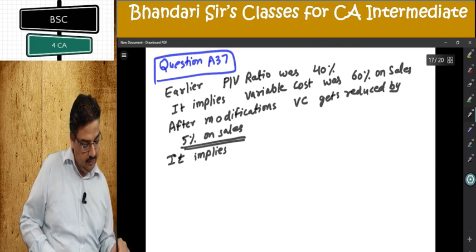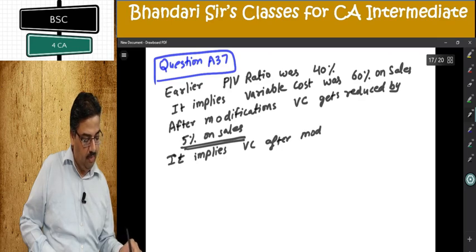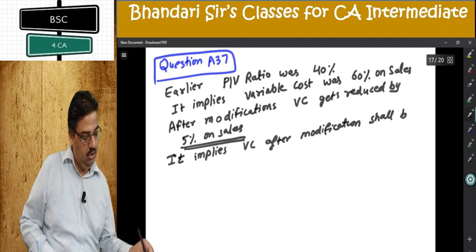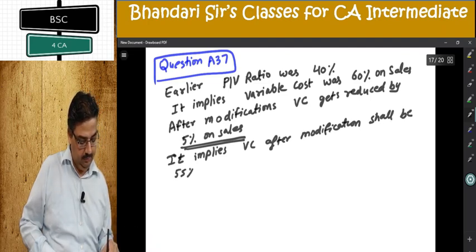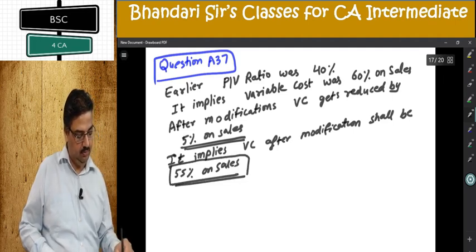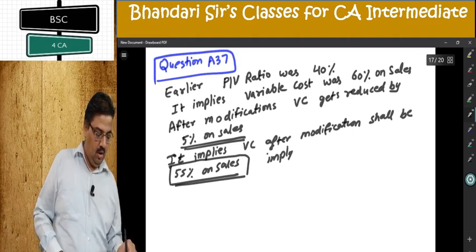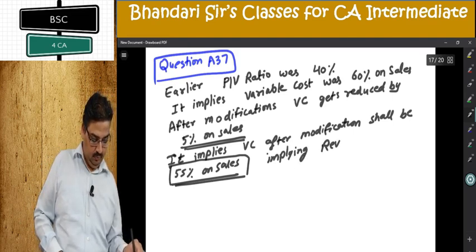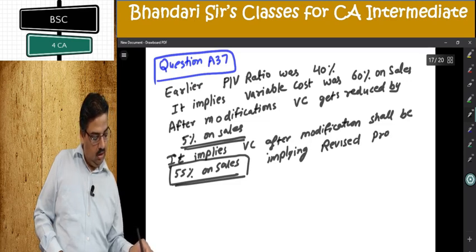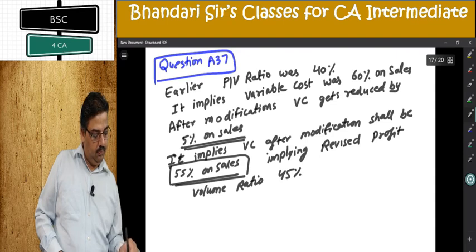It implies variable cost after modification shall be 55% on sales, implying revised profit volume ratio of 45% on sales.